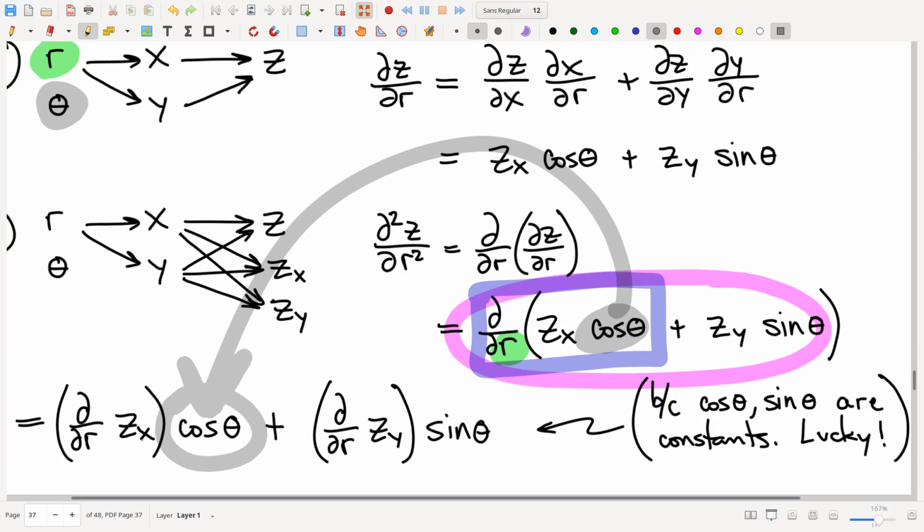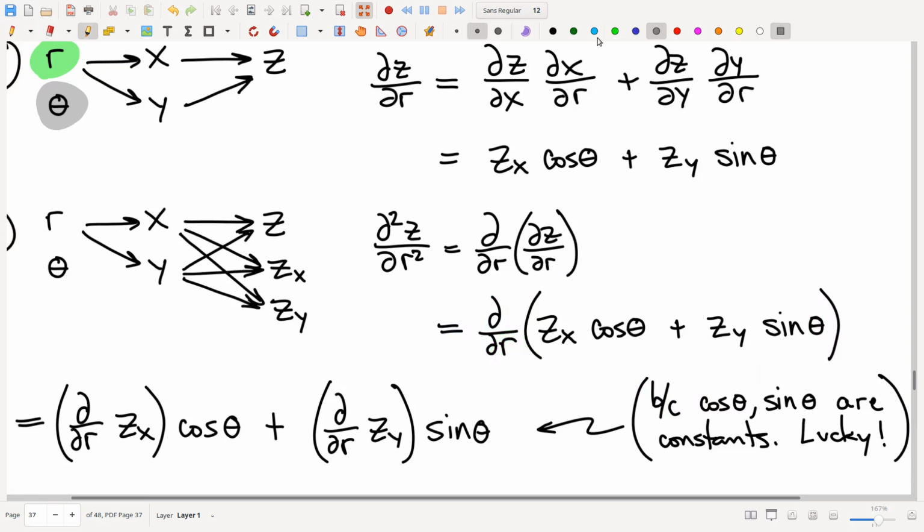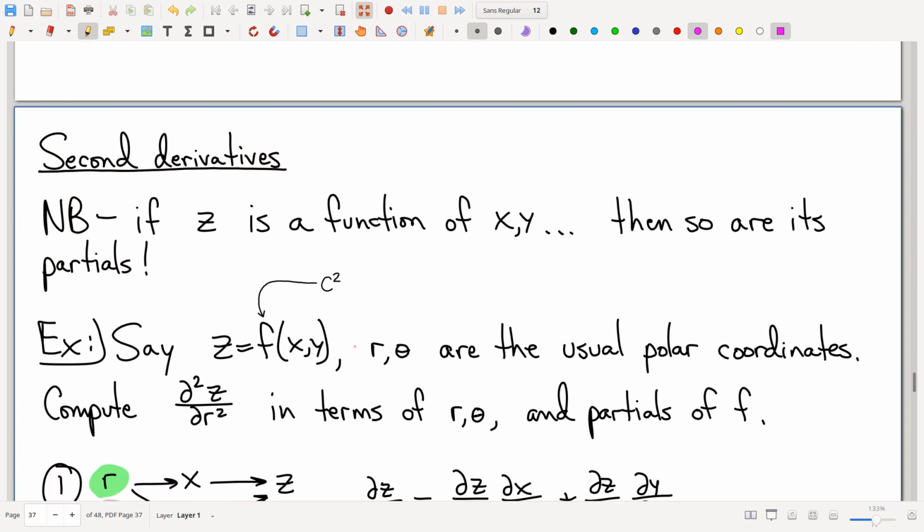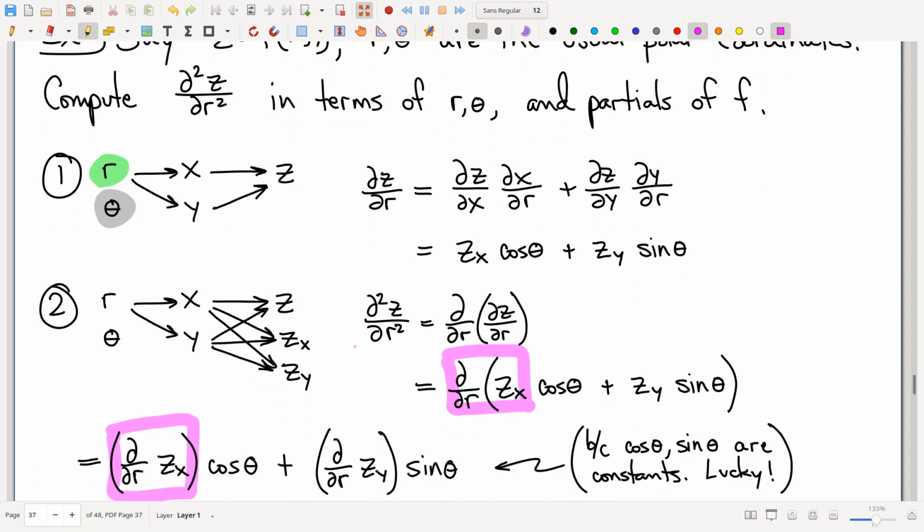Okay, so that leaves us with trying to make sense out of this first term. We really only need to make sense out of the partial of zx with respect to r. And here's where we're going to use the big point from up here. The big point being that if you have a function of x and y, the partials are too. If z is a function of x and y, then zx is a function of x and y, and zy is a function of x and y, and I'm just going to indicate thusly on the diagram.